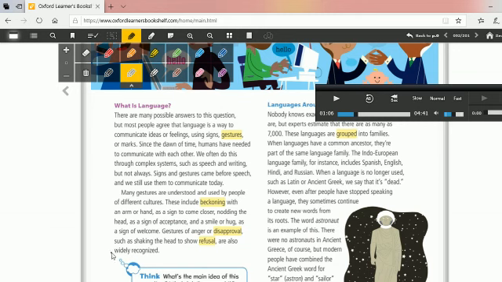Please circle the word widely. What is the part of speech of this word? It's an adverb. What does it modify or describe? It modifies the verb recognized.